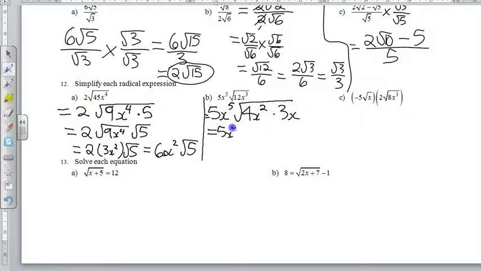So I get 5x to the fifth, and now I split my root. And now I take the root of 4x squared, which is 2x. And we just multiply and get 10x to the sixth root 3x.